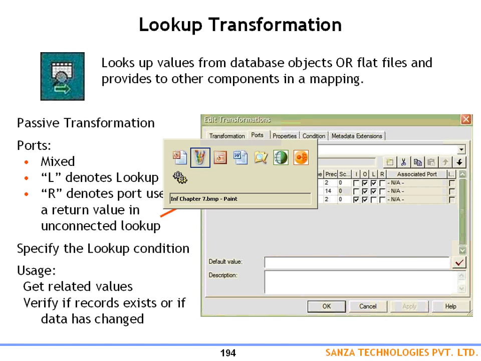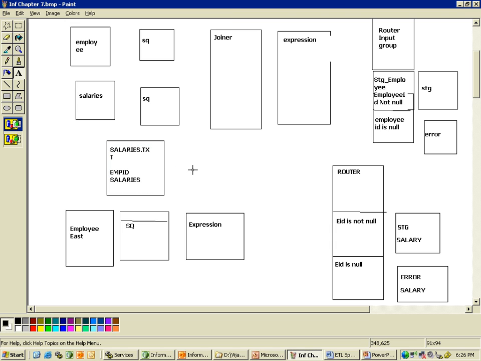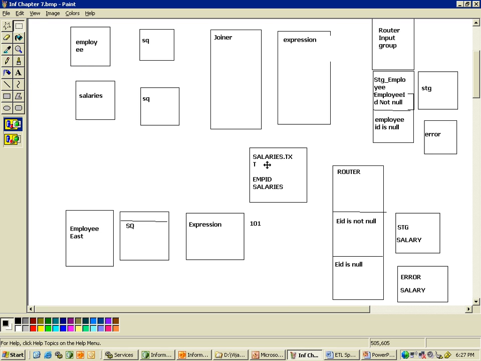So what I do, I will look up whether this 101 exists in my salaries file. Corresponding employee ID exists in salaries file. If it exists, give me the corresponding salary. So let's assume that your salaries file contains records like 101, 10,000 salary, 102, 20,000 salary, 103, 30,000 salary. This is the salaries data, the salaries.txt file.